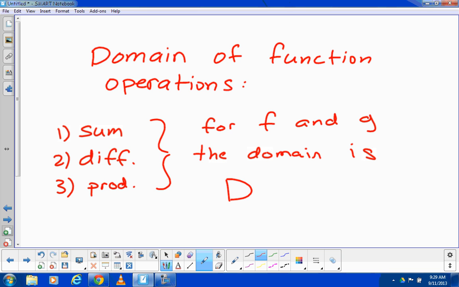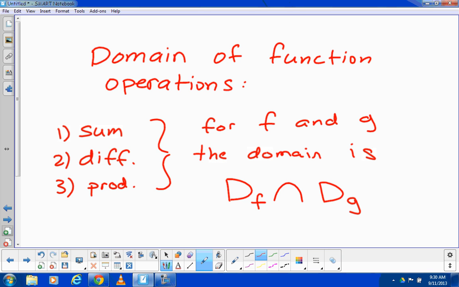I'm going to say capital D sub f. You can probably figure out what that's going to mean. Intersect. Remember, that's intersect. The union is upside down from that. So it's the domain of f is what that stands for. Intersect the domain of g. And that's how you find the domain of a function operation. So you have to find the domain of both functions, and then you have to find the intersection of those domains. So it gets pretty deep.